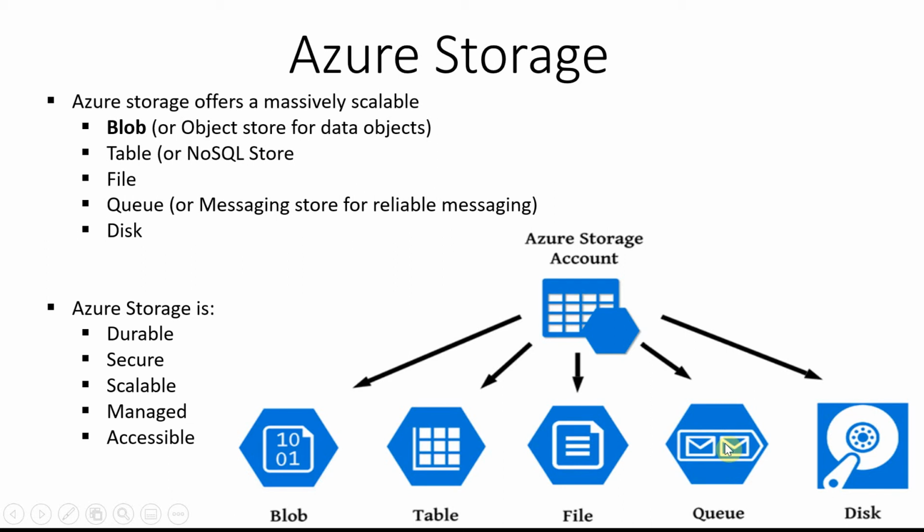There will be a continuous stream of messages, with a source on one side and a destination on the other. The source could be some application and the destination some other application, and if they want to talk to each other asynchronously, they can use queue, which is one of the storage options as well.